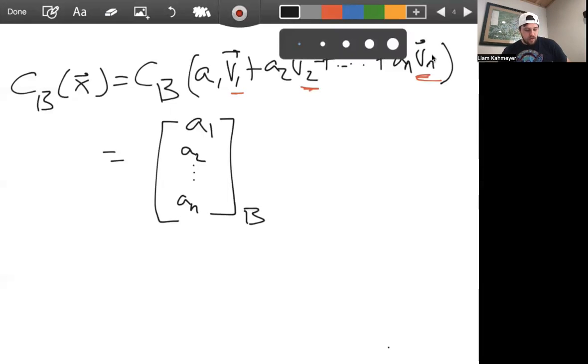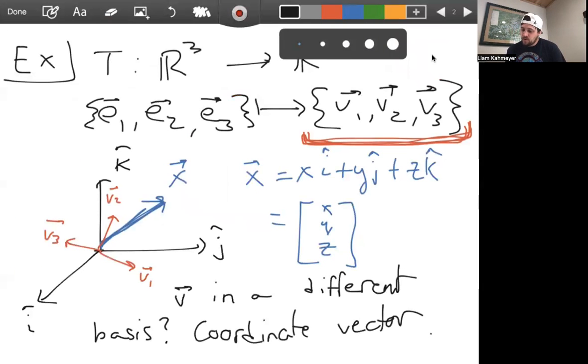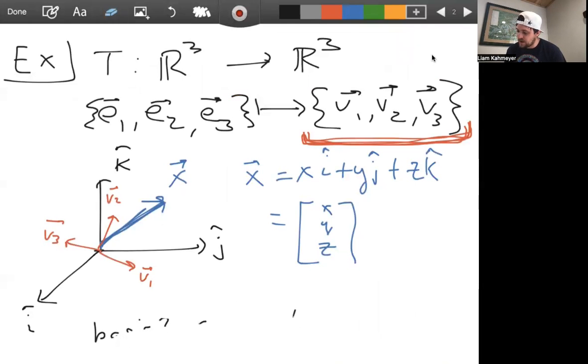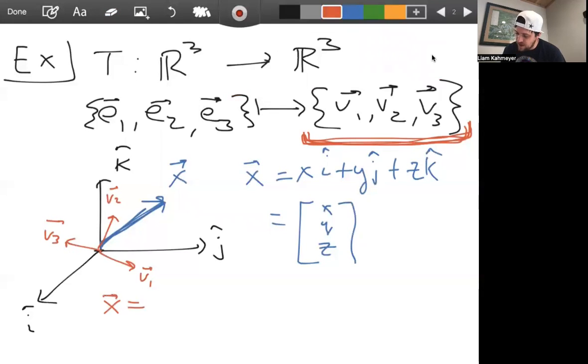And what does this mean, right? What this means is, in this example from R3 to R3 that we were looking at here, we would be writing X as now say a1 v1, where it's no longer this x i hat plus y j hat, right? We're describing the same vector, but in a new coordinate system.